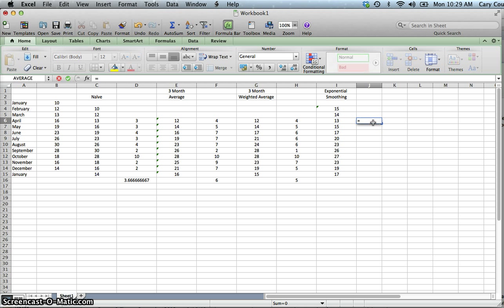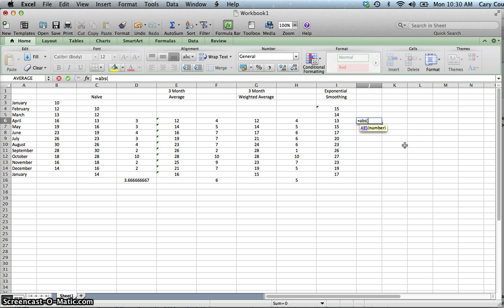Last one, we'll compare. Like I said, you could have gone back up here and done it for February and March, but that would include those 2 extra months when we don't have those for the weighted average or the regular moving average. So we want to make sure we compare the time periods that are the same.